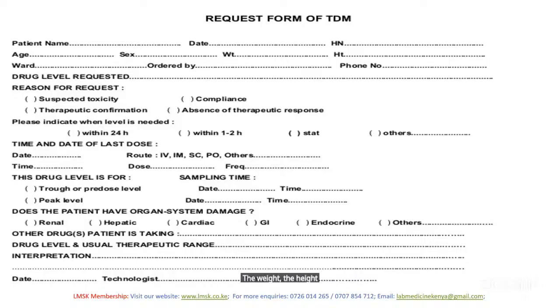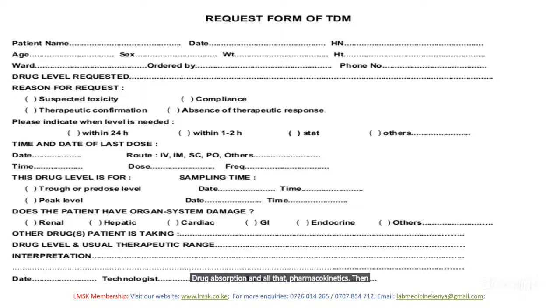These are things that you might not find in most other requests, because sex, weight, and height have more to do with factors that affect drug absorption and all that, pharmacokinetics.